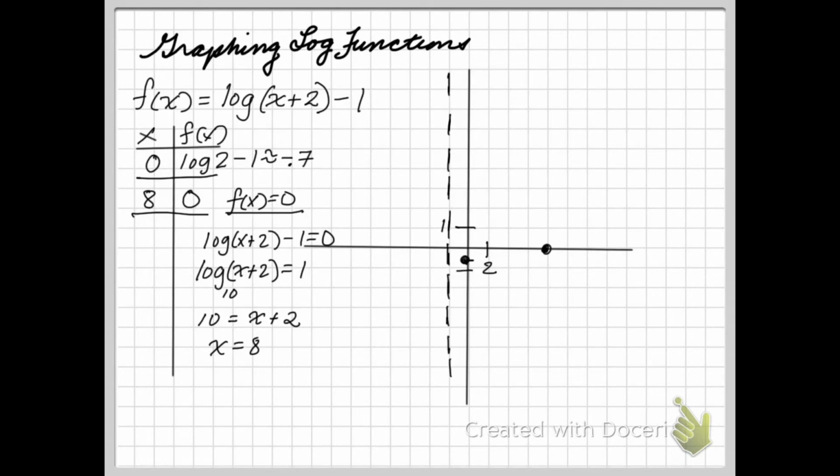And then I've got these 2 points already, right? I've got a point here, I've got a point here, I've got a vertical asymptote. So we have the graph of the function here, and then extending up to the right. And that's our log function.